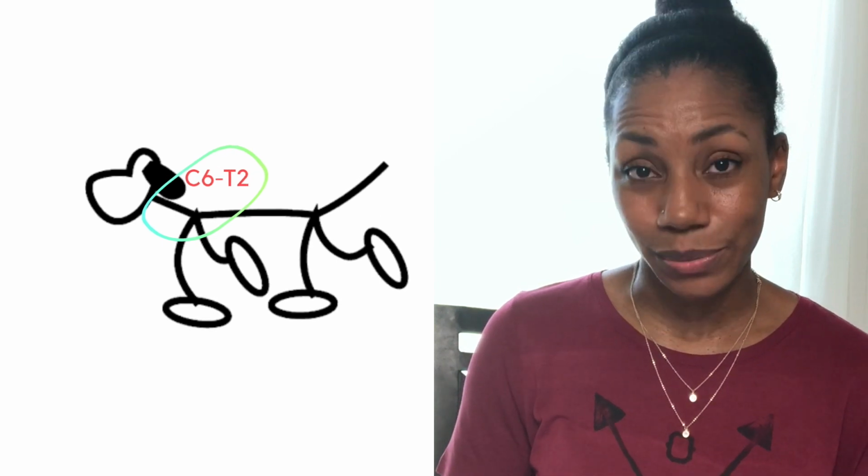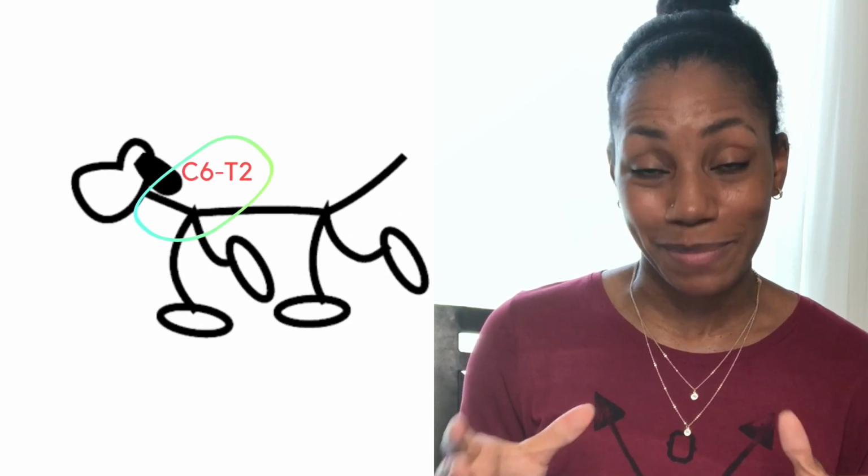So once again, any lesion by C6T2 is going to give me lower motor neuron signs of hyporeflexes and decreased muscle tone in the thoracic limbs, and I will see upper motor neuron signs in the pelvic limbs of hyperreflexes and increased muscle tone, which is what the dog is showing in this question stem. So the lesion is at C6T2. I hope that made sense.